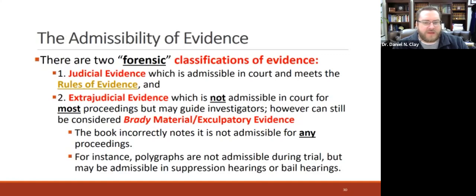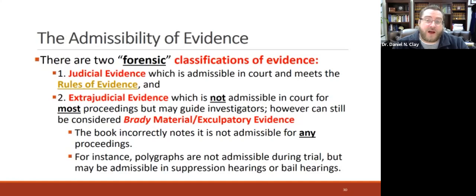Basically, Brady says if you're conducting an investigation and somebody has been charged, and you have something written down in your notebook from two years ago that even faintly, even the tiniest bit, suggests that the defendant is not guilty, you have to turn it over to the defense. It's exculpatory evidence.